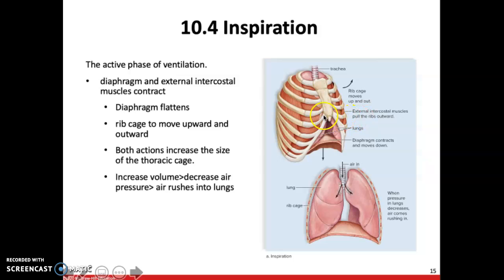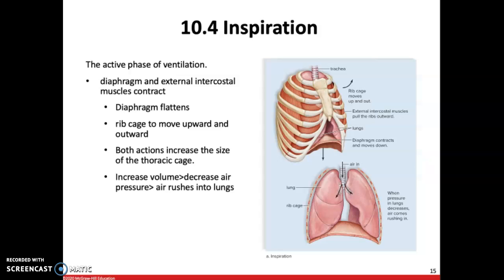Contraction of the intercostal muscles causes the rib cage to move upward and outward. When we do this, we increase the volume of the thoracic cavity. It's like pulling that balloon outward, and air is going to rush in and fill those lungs. So both of those actions increase the size of the thoracic cage.